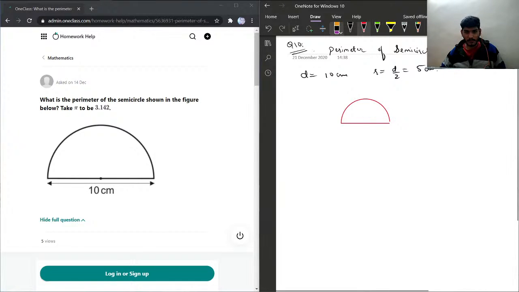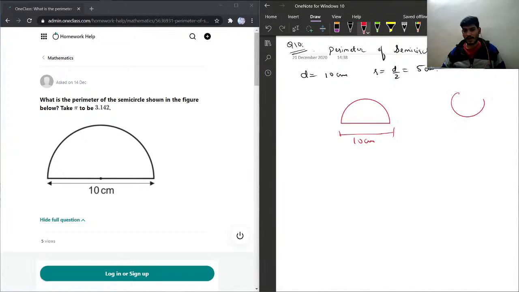Oh no, I'll just undo this. It looks perfect. So this length is given as 10 centimeter.